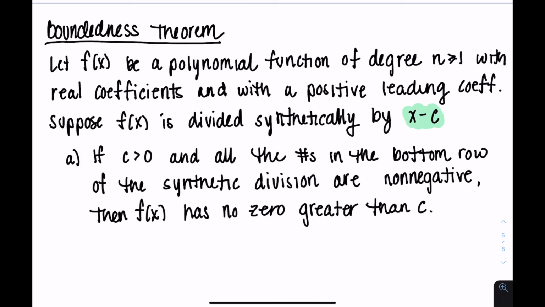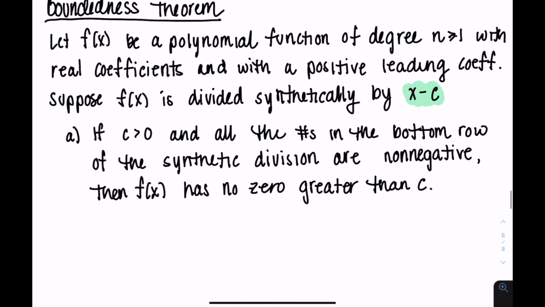Two things happen. The first, if this value of c is positive, so say you divide by x minus 3, so that would mean 3 is a 0 potentially. If that value of c is positive and all the numbers in the bottom row of synthetic division are non-negative, then your function cannot have a 0 greater than c.